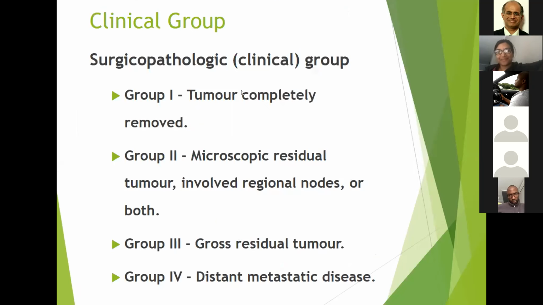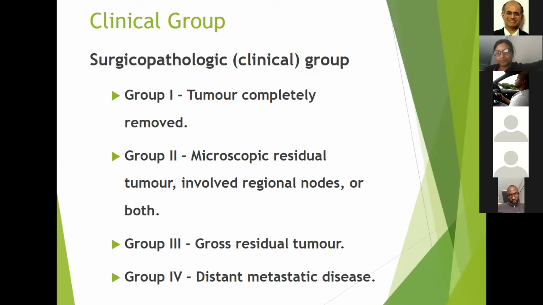Okay. So here we have our clinical grouping, which also forms part of that stratification of the risk for these tumors. So your group 1 to group 3, those are your localized disease, and group 4 being your distant metastatic disease.